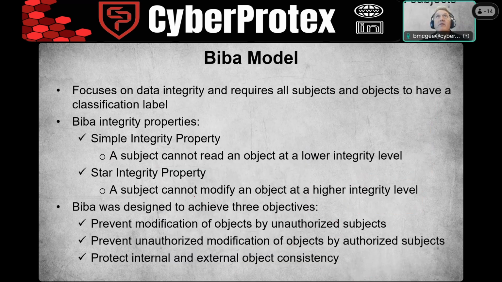Another one here is the Biba model. This is one that focuses on integrity. So not confidentiality, right? If you're taking your copious notes, which I'm sure that you are, it's a set of controls that has different rules that are used to ensure data integrity.